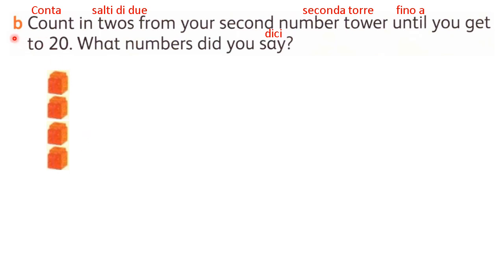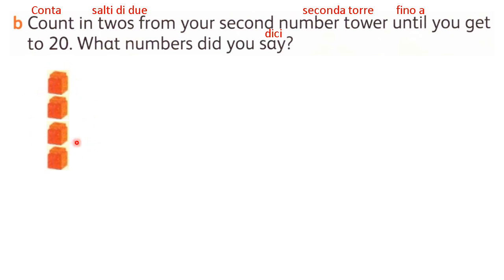The next question, B. Count in twos from your second number tower until you get to 20. What numbers did you say?